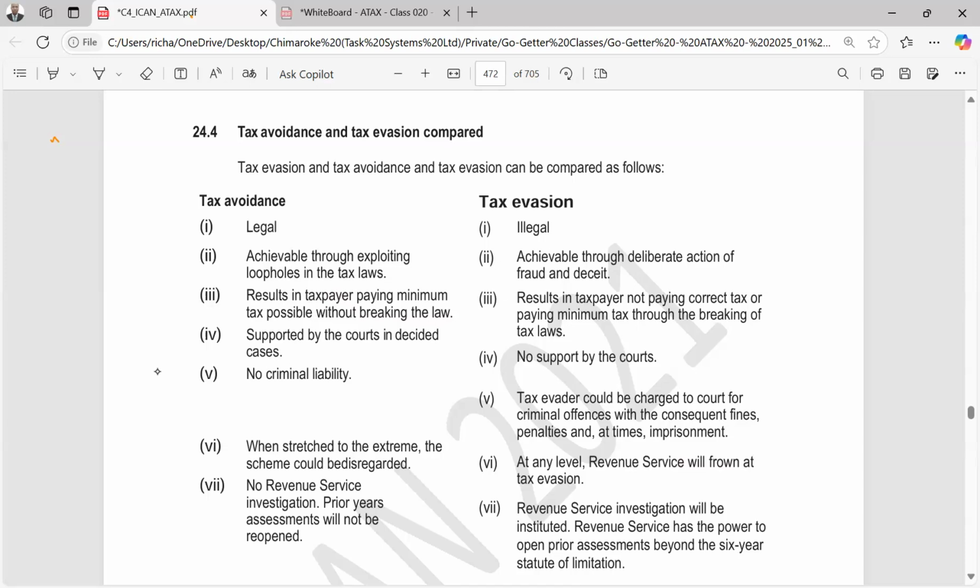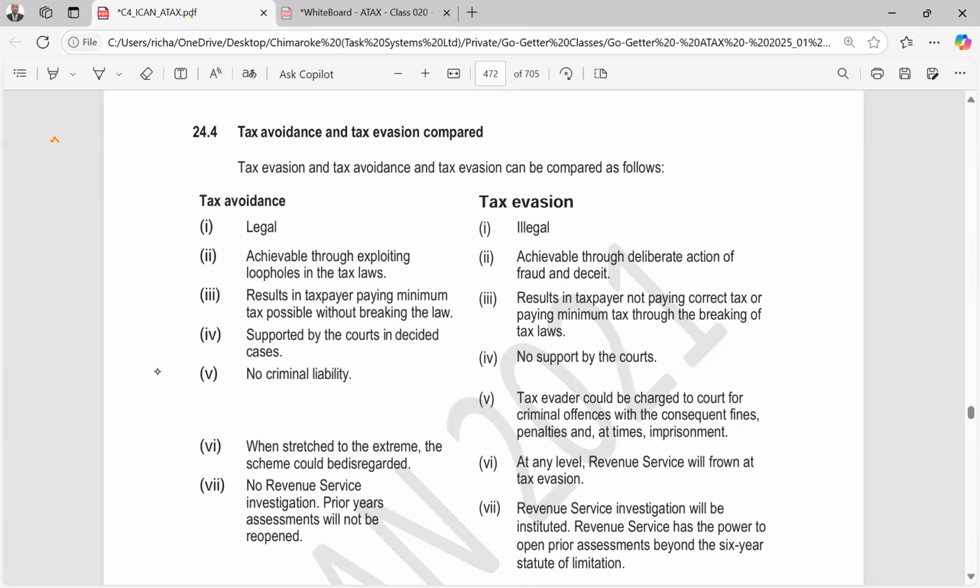Tax avoidance is supported by courts in decided cases, and it's not a criminal liability, whereas tax evasion is not supported by courts, and it's a criminal offense because the offender could be charged to court for criminal offenses with taxes.